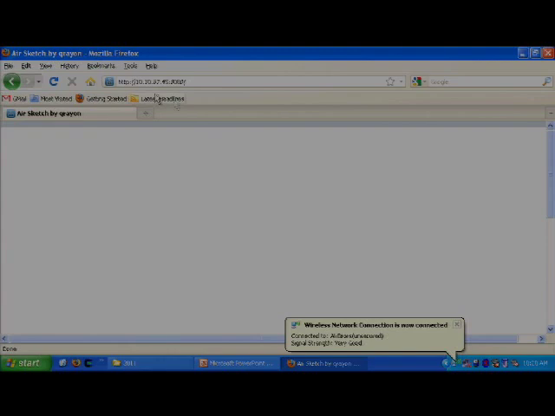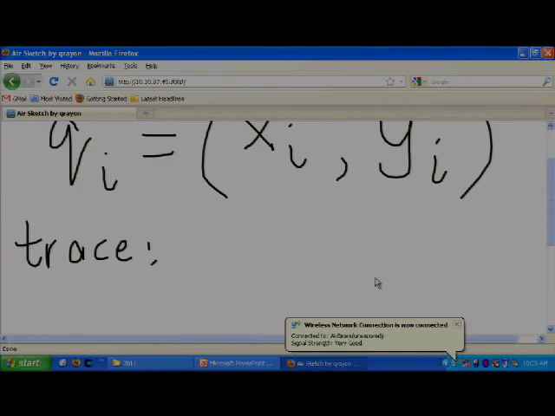Okay, so Qi is just the pair xi, yi, and your trace is simply going to be the sequence Q0, Q1, Q2, etc. Okay, so this is the notion that we'll use for this lecture. A trace is simply an infinite sequence of inputs and outputs, and we won't consider the state.